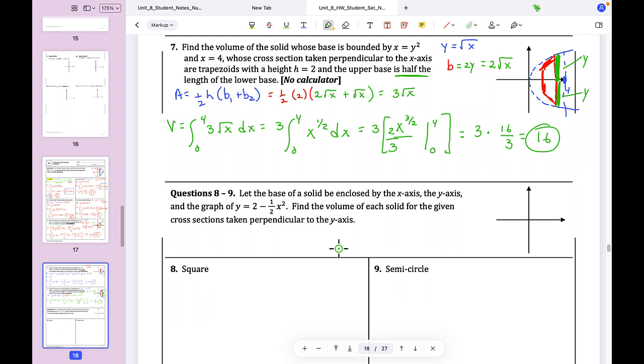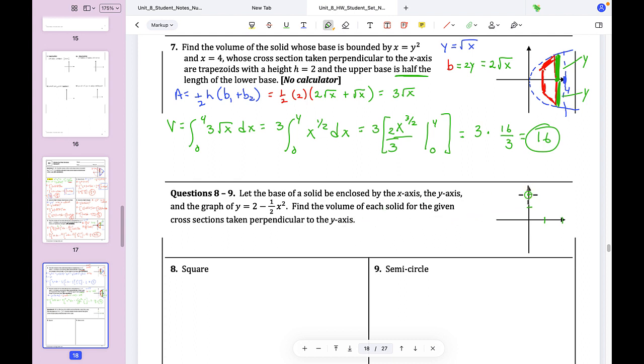Let the base of a solid be enclosed by the x-axis, the y-axis, and the graph of y equals 2 minus 1/2 x squared. Find the volume of each solid for the given cross sections taken perpendicular to the y-axis. Okay, so when we graph this, we're going to find that this is an upside down parabola.